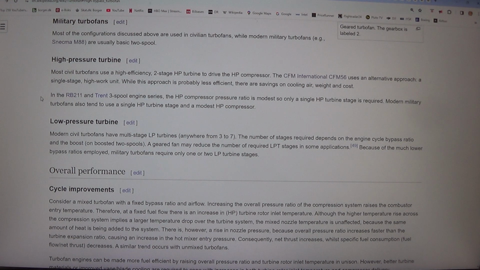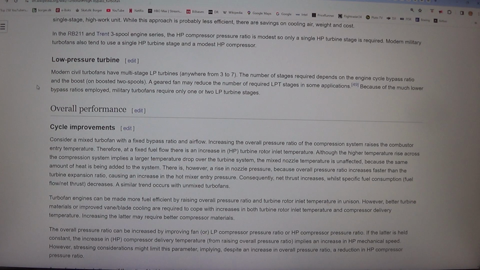In the RB211 and Trent 3-spool engine series, the HP compressor pressure ratio is modest, so only a single HP turbine stage is required. Modern military turbofans also tend to use a single HP turbine stage and a modest HP compressor. Low-pressure turbine. Modern civil turbofans have multi-stage LP turbines, anywhere from 3 to 7.